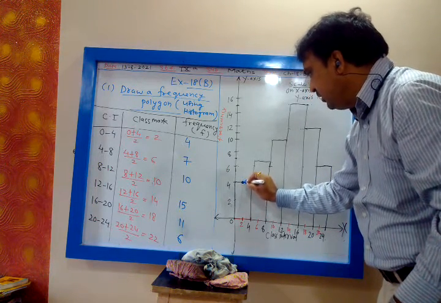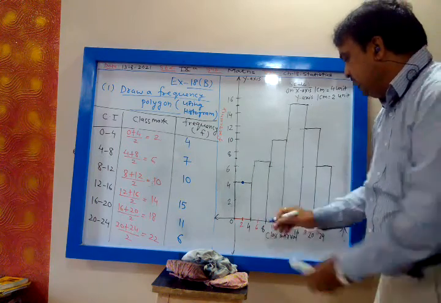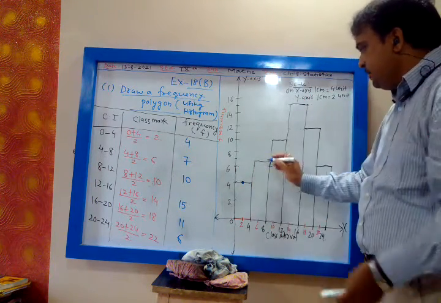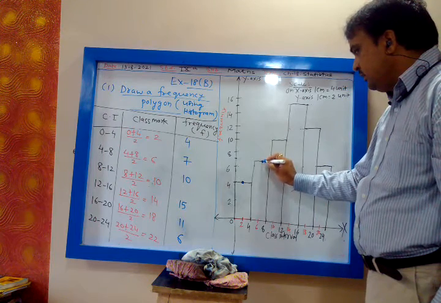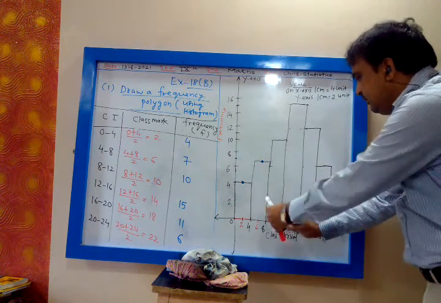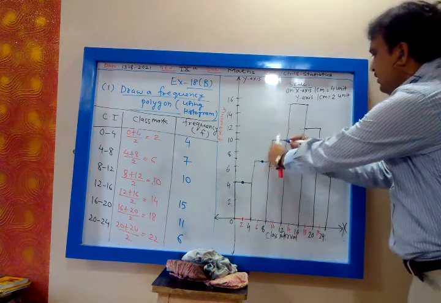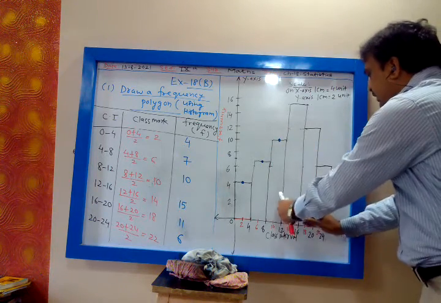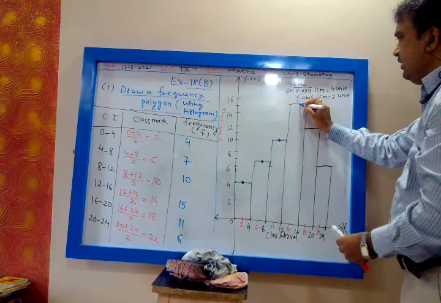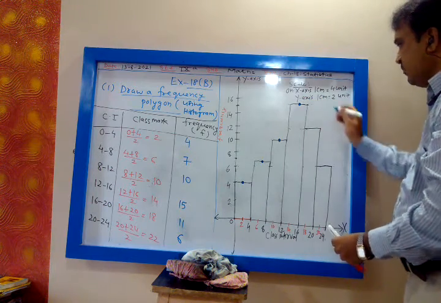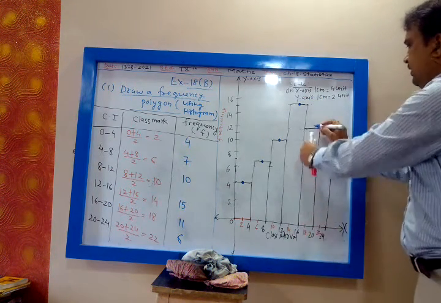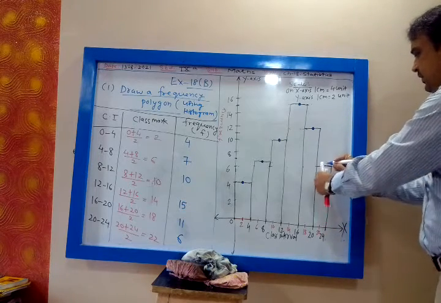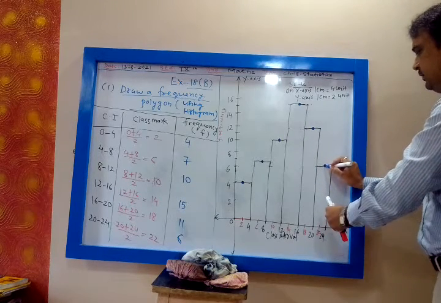Then keep the scale vertically above 6 and draw the dot there. Then again above 10 and draw the dot there. Similarly for the remaining class marks, keep the scale vertically and draw the dot.